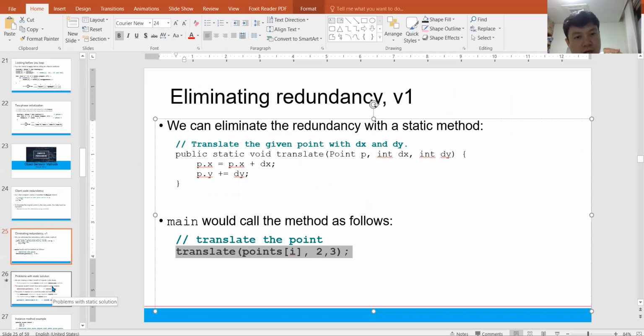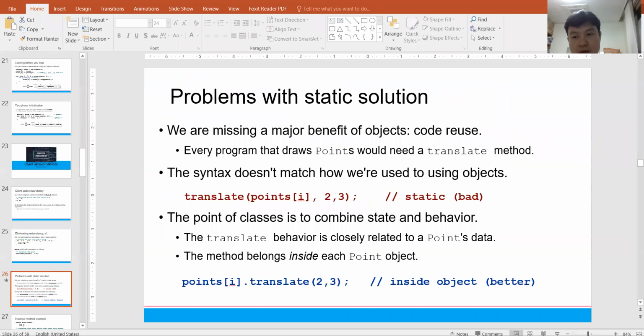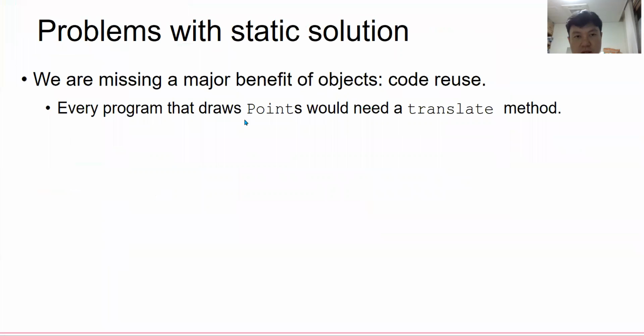What does it mean here? With the static solution, you can use this, but there is a major benefit of objects, which is code reuse. Every program that draws points will need a translate method. So if any point needs the translate method, just put it into the object, not in the client program.